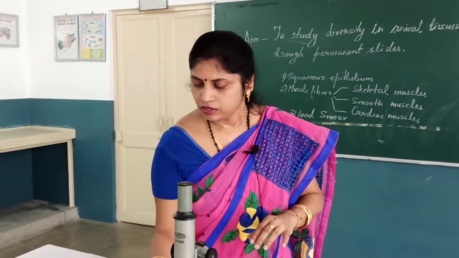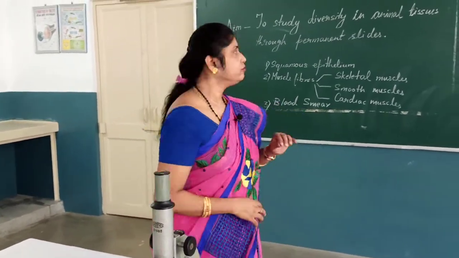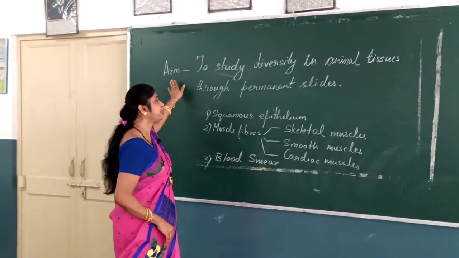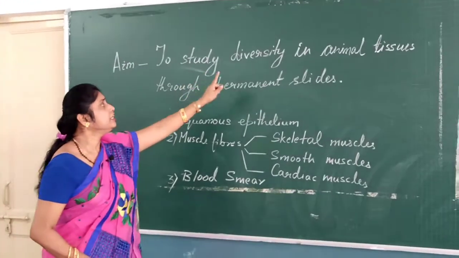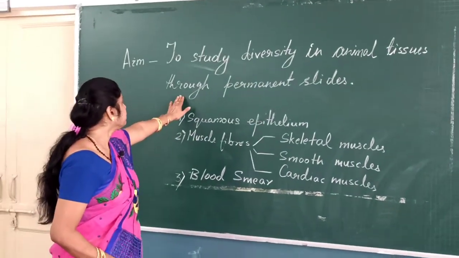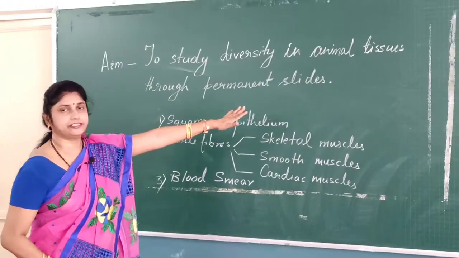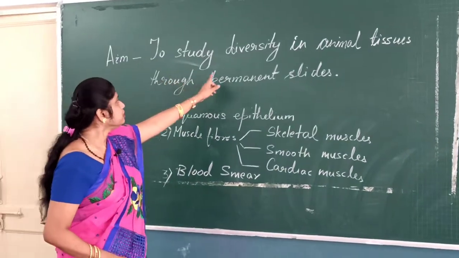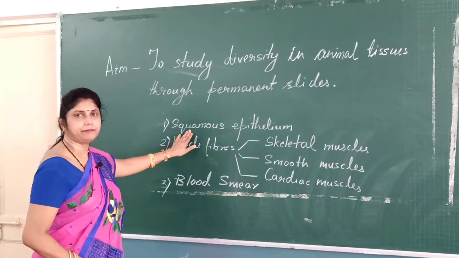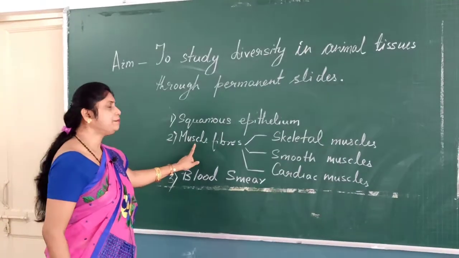Now today I am going to tell you about this aim, that is to study diversity in animal tissues through permanent slides. Here the animal tissues which we have taken are the squamous epithelium and the muscle fibers.